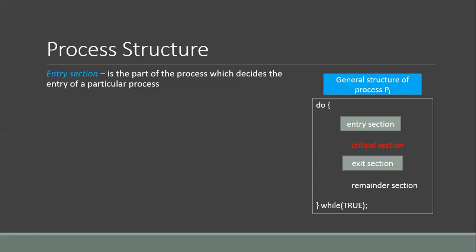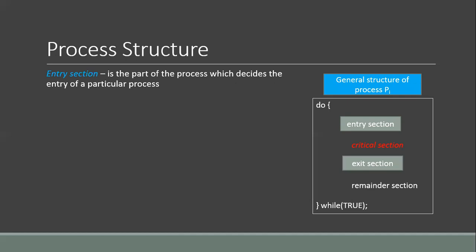Entry section is the part of the process which decides the entry of a particular process into its critical section. You can say the entry section is like a gatekeeper, which allows entry to this critical region, which contains the shared data.